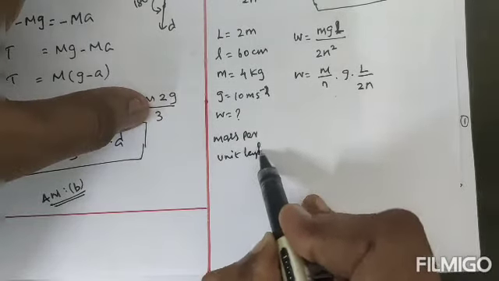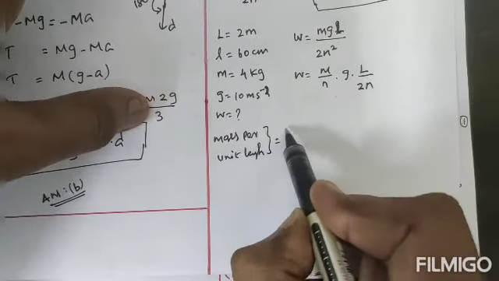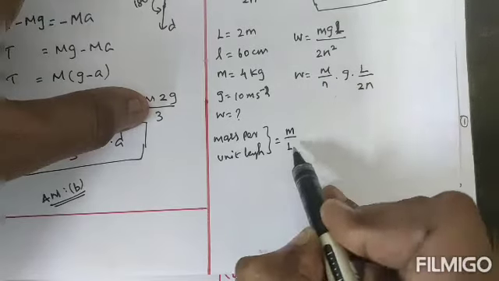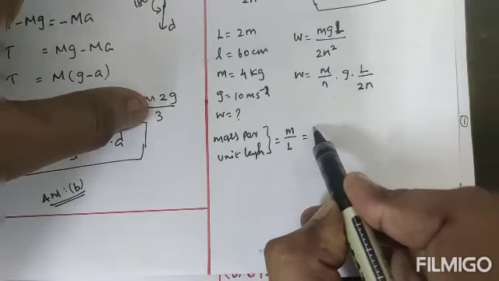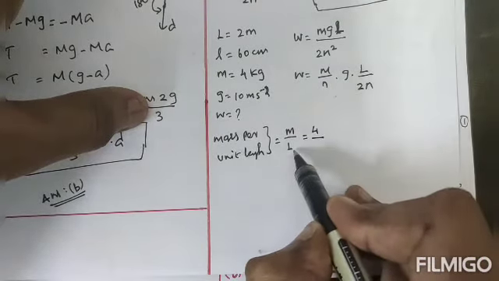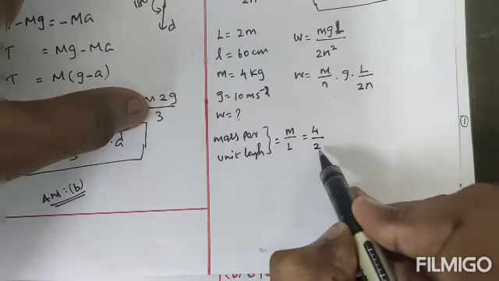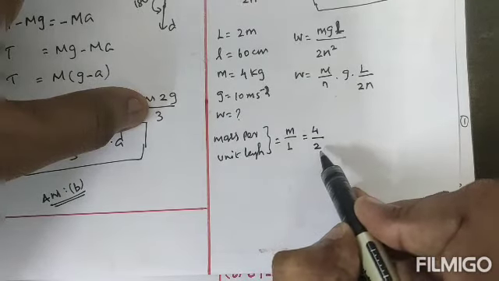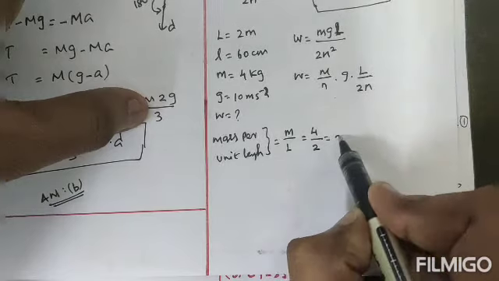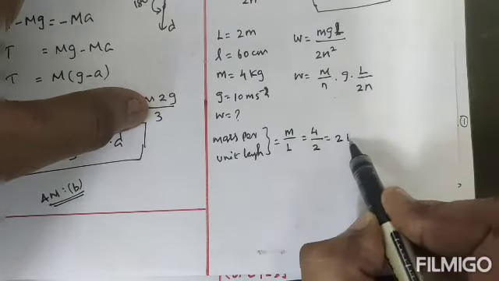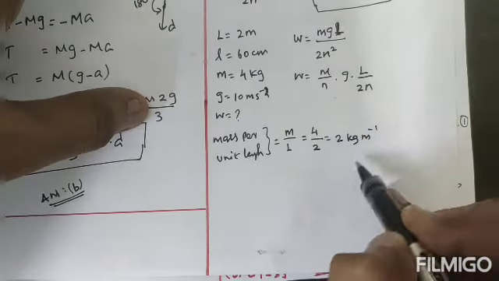Mass per unit length is nothing but m divided by the entire length. The mass is 4 kilogram, and the entire length is 2 meter. Therefore 4 by 2 is equal to 2, and the unit is kilogram per meter.